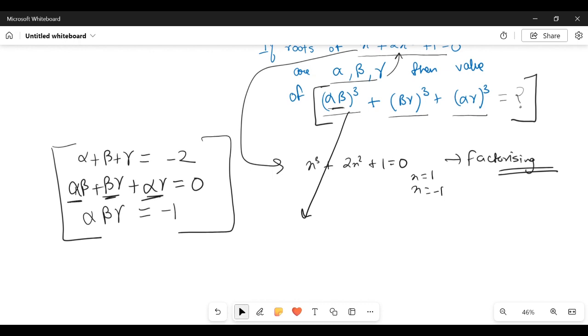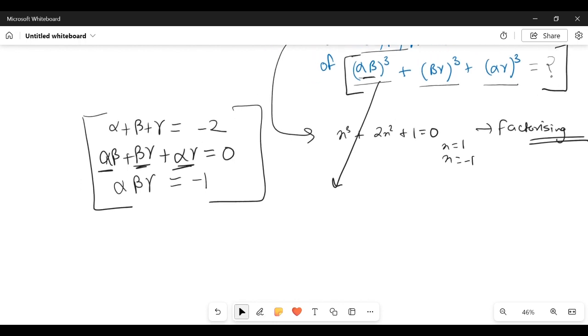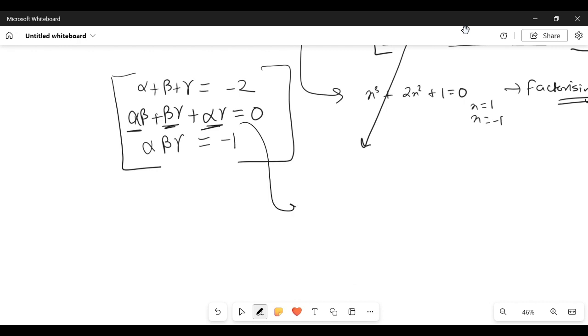How about if we cube this thing? That is what is coming to my mind. So let's cube it. I'm cubing this whole expression.